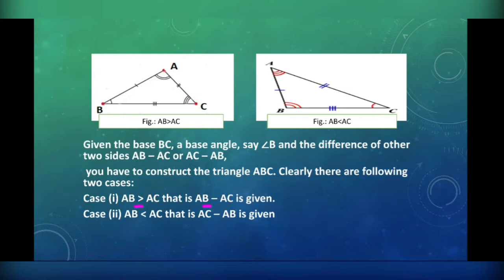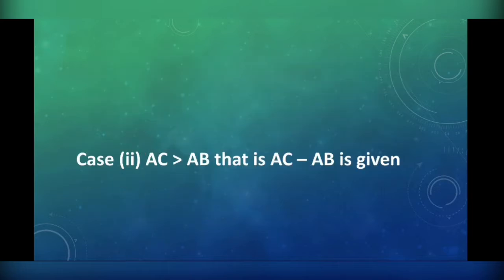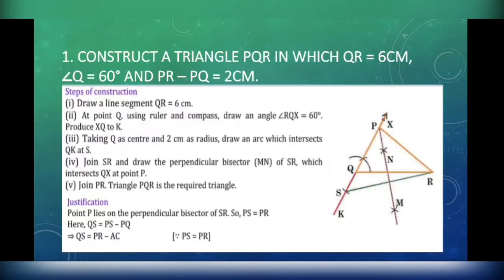Now let's discuss case number 2, where AC is more than AB. The length of AC is more than AB, that means AC minus AB will be given. So let's check our example. Construct a triangle PQR in which QR, the base length, is equal to 6 cm, angle Q is equal to 60 degrees, that means the base angle is 60 degrees, and PR minus PQ is equal to 2 cm.